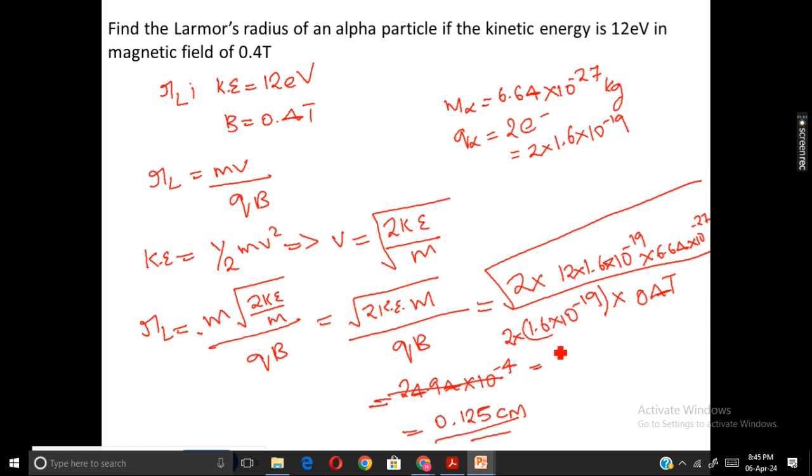So this is coming out to be 1.24 into 10 to the power something, and it will be 0.125 centimeter. Please check the values. I think this is correct.